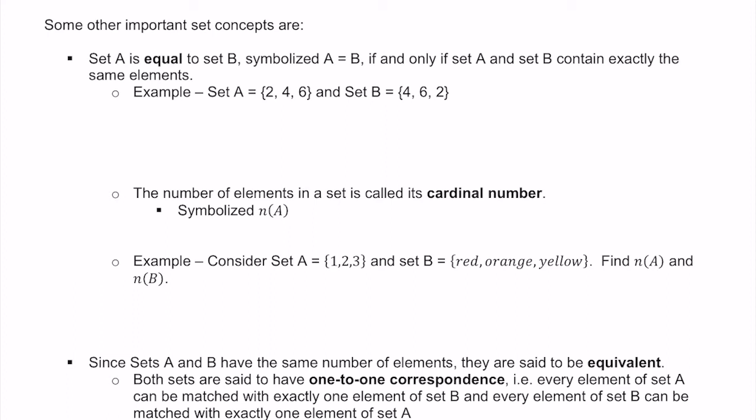And we refer to that as a cardinal number. The cardinal number is symbolized as n of A. So n of A just means the number of elements in set A. So if I look at set A below, it says it's equal to 1, 2, and 3.